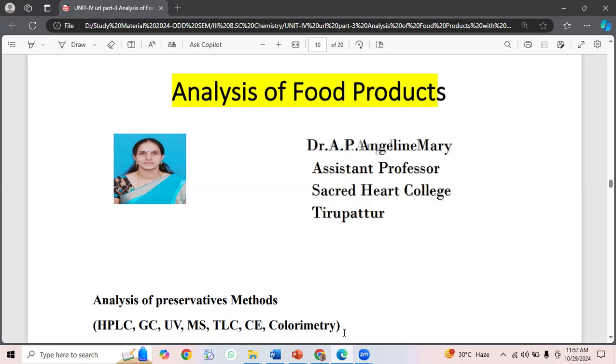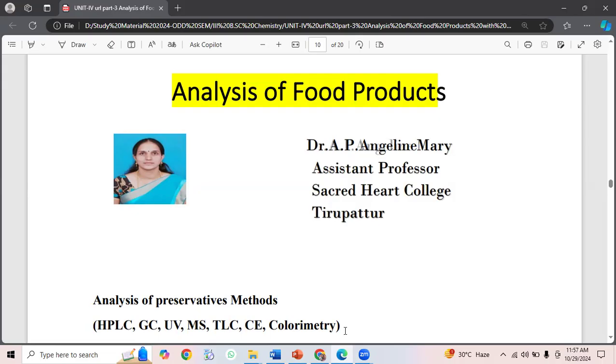In today's section, we are going to continue analysis of food products. In the last video, we saw the adulteration methods used to identify adulterant foods.